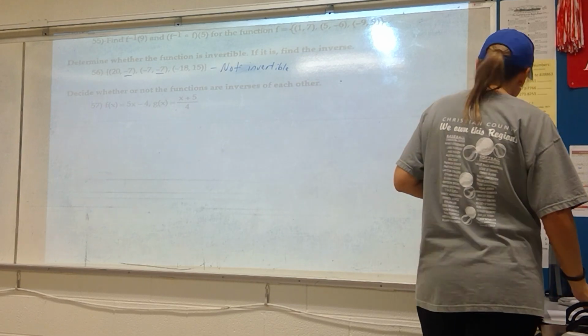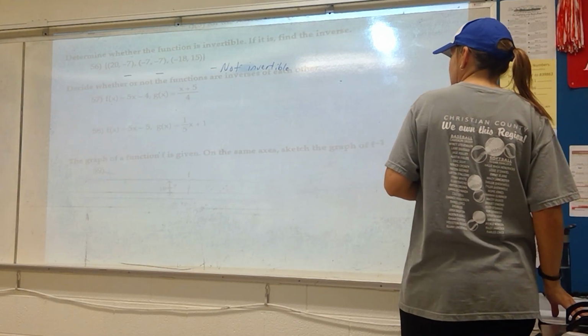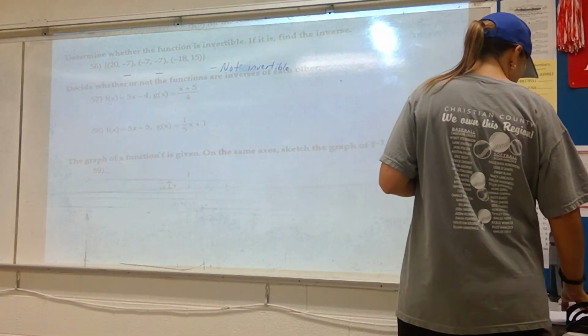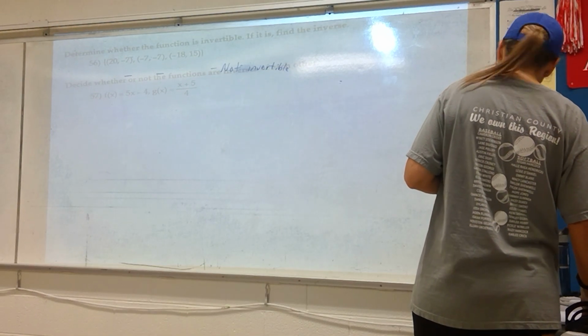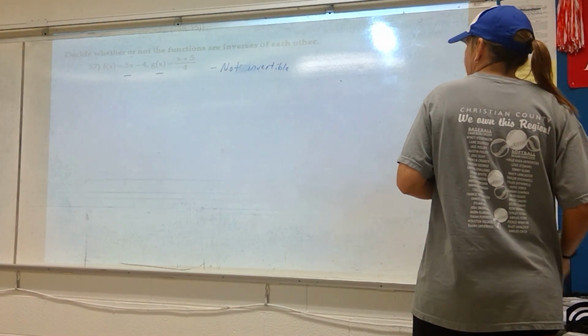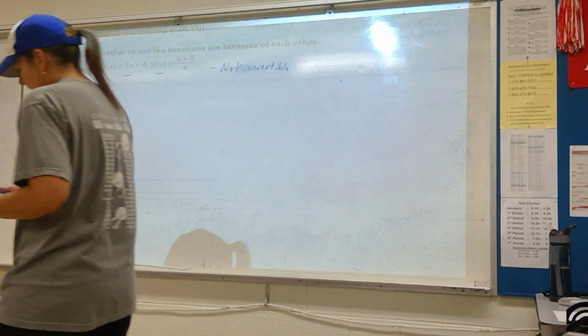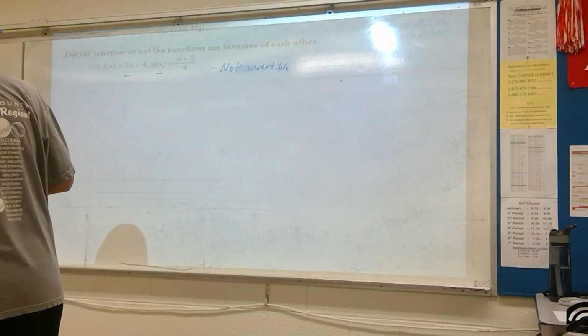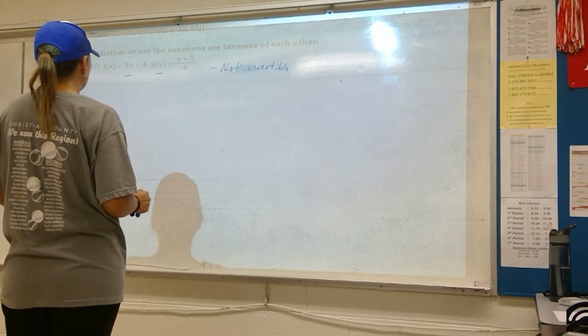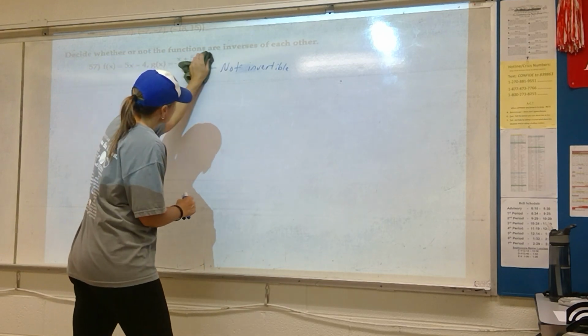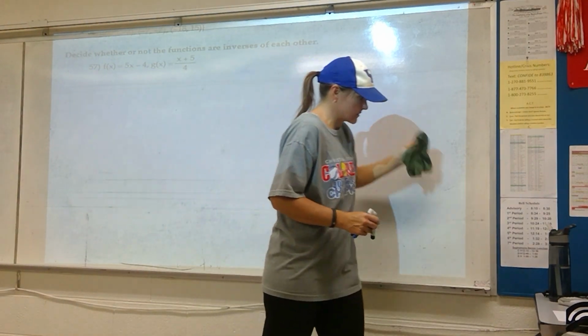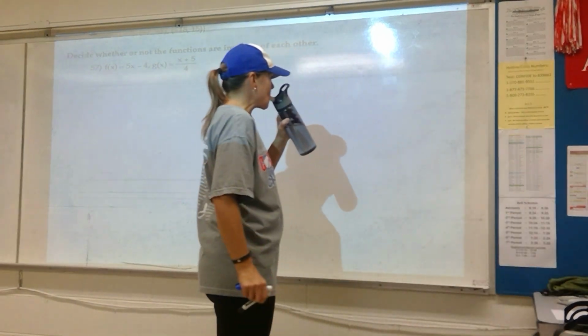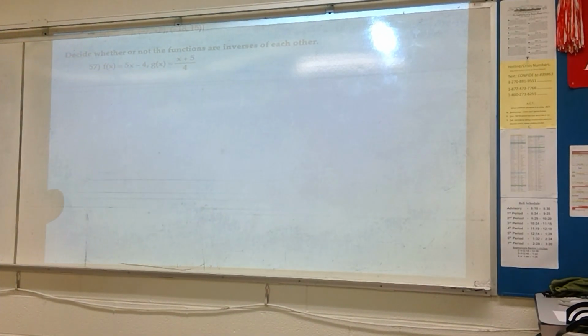Okay, now, 57, she gives you two problems like this. There probably will just be one of these on the test. It says decide whether they're inverses of each other. Now, obviously, it's a yes-no question. I personally would like to see work if I was the teacher on this one. So here's how you got to do it.